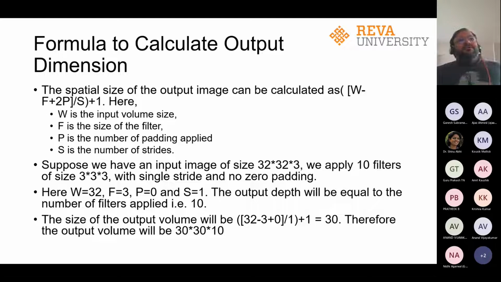This is how you get the output from each layer of convolution filters. This is okay, right? Is this okay?